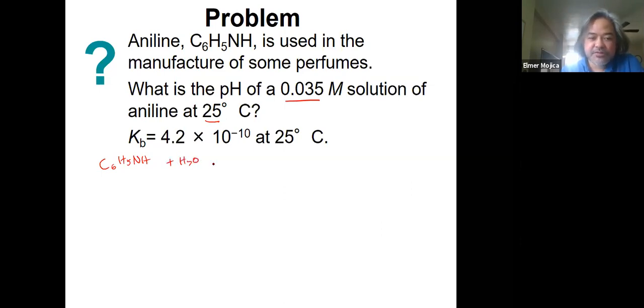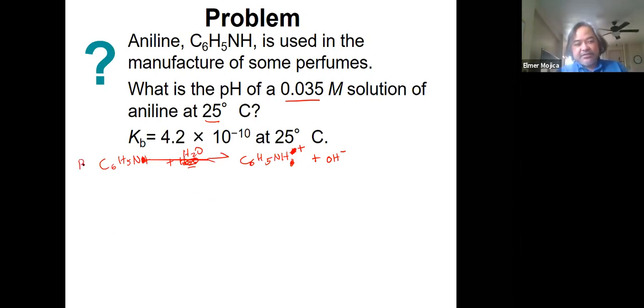You produce C6H5NH3 plus. You don't have an N there, so it's not really a 2 plus, it's just NH plus and hydroxide. So that's water, just to make sure.